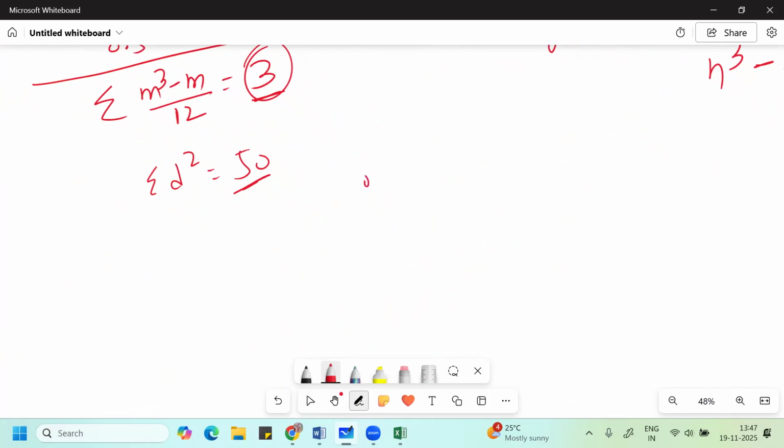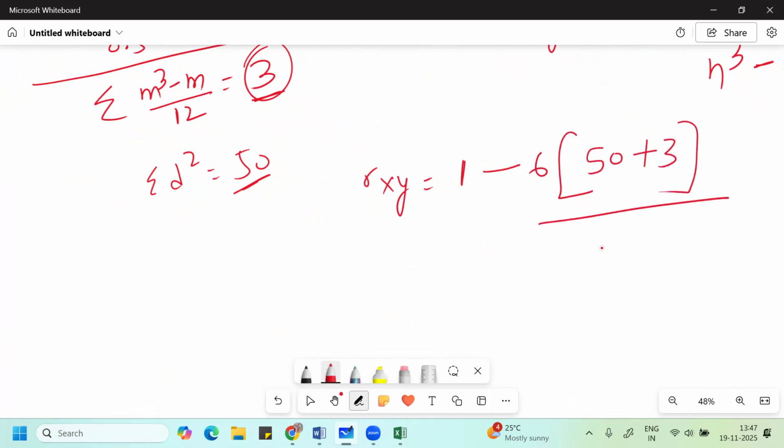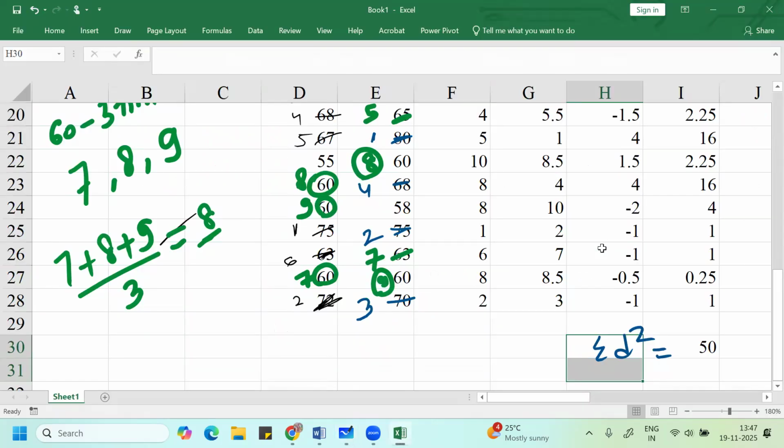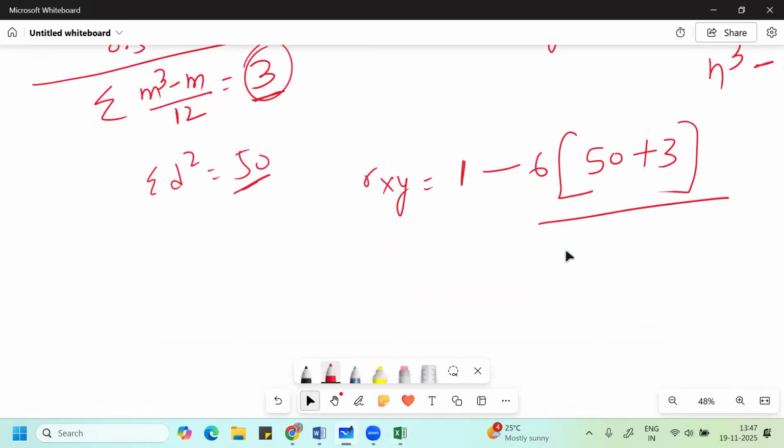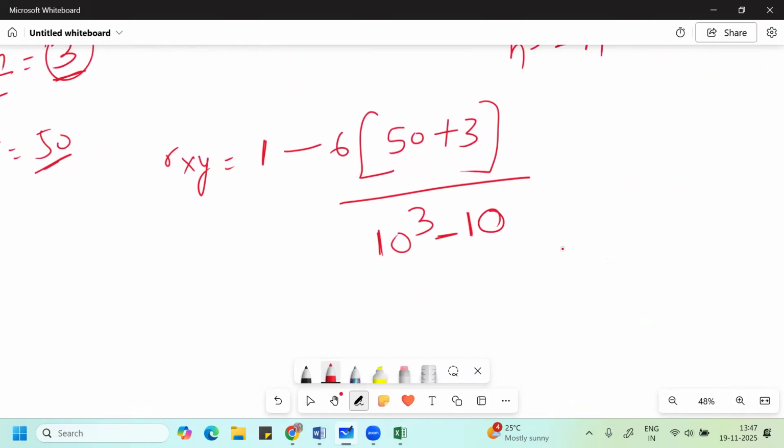The R value is 1 minus 6 into sum of D square, 50, plus 3, which is the adjustment factor, divided by N. N, if I'm not wrong, is 10. So 10 cube minus 10. So if you do this, you'll get 1 minus 6 into 53 by 1000 minus 10.